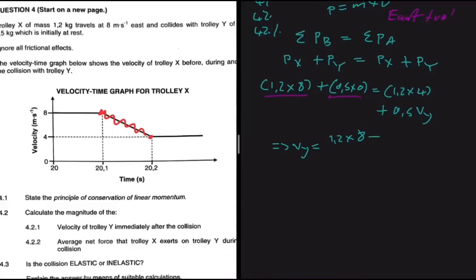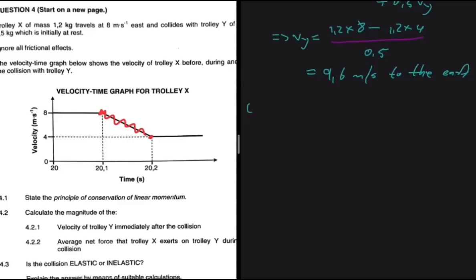And then minus 1.2 multiplied by 4, and then everything divided by the coefficient of Vy, which is 0.5. If we put that in our calculators, we shall get Vy is equal to 9.6. Taking the direction to the east as positive, this will be 9.6 meters per second to the east, right? To the east.